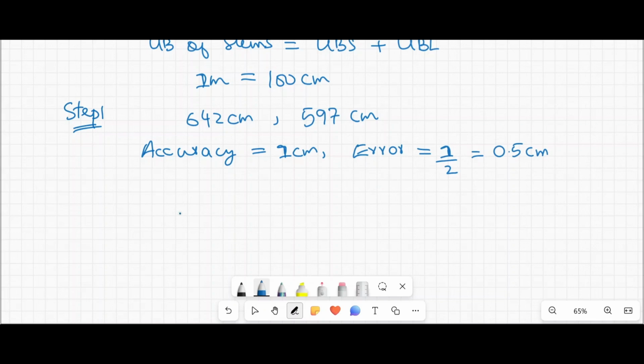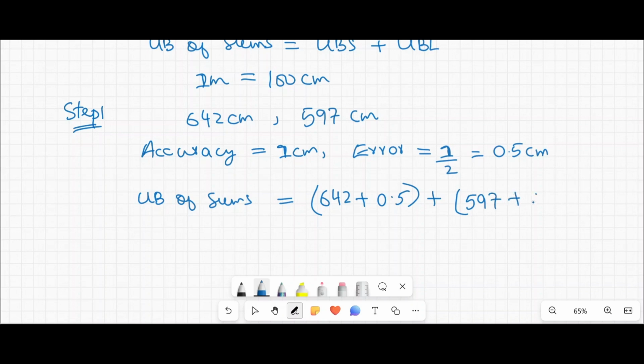So for finding the upper bound of sums, it is the upper bound of 642 plus 0.5, plus the upper bound of 597 plus 0.5.